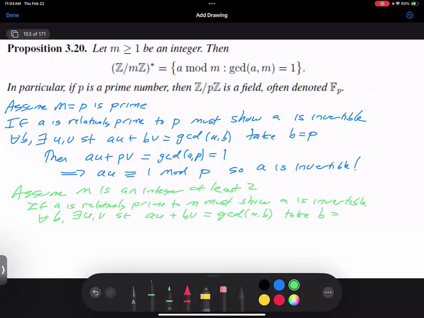M. It's essentially the same proof as before. Take B equals M. Then AU plus MV equals the GCD of A and M, which equals 1. Therefore, AU is congruent to 1 mod M, so A is invertible.